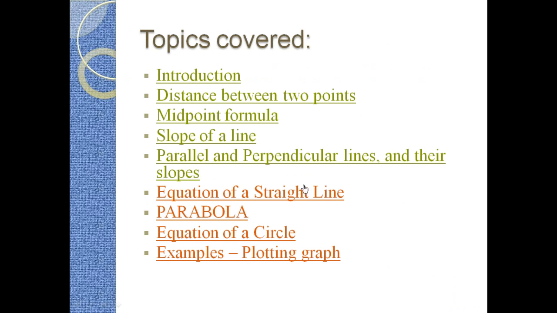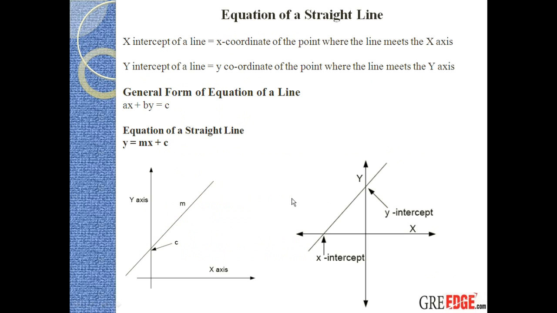Now let's see the equation of a straight line. Here we are going to see various forms of representing the equation of a straight line. For this line we have slope m and there is a constant c.